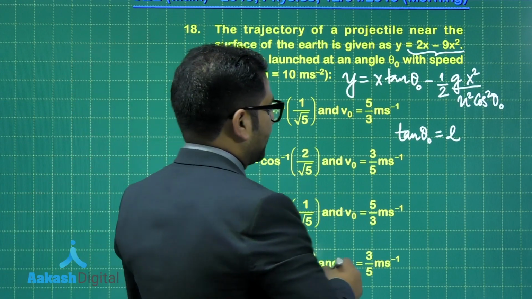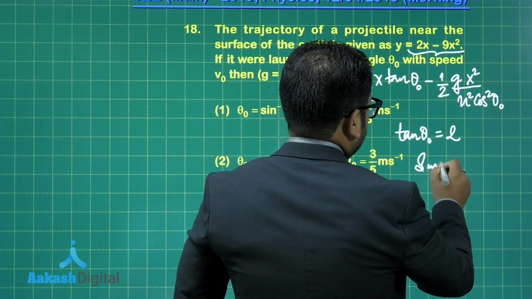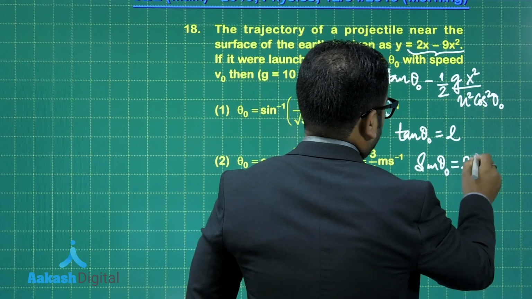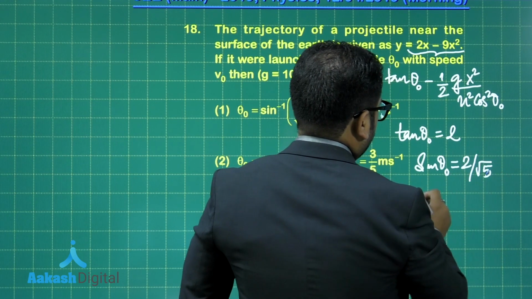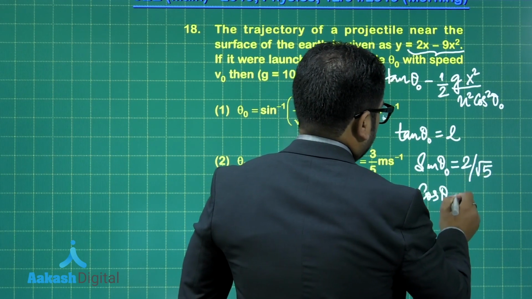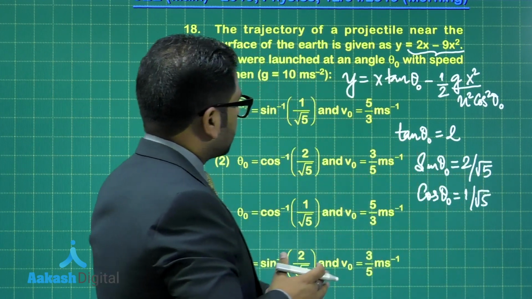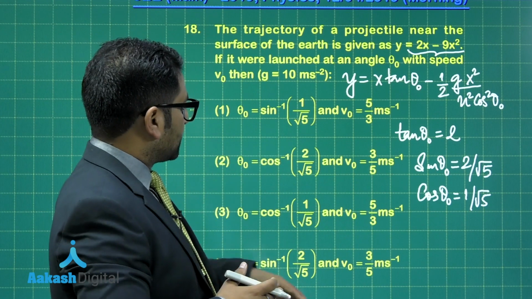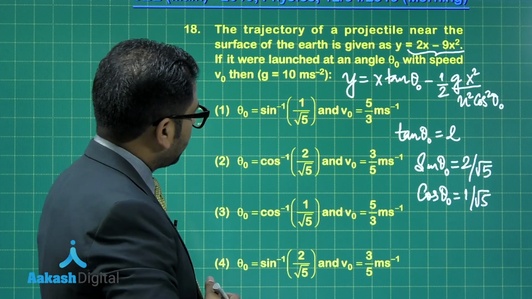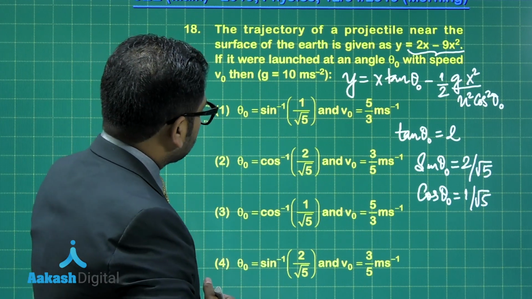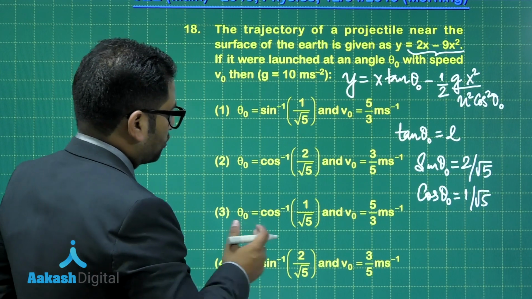So tan theta is here, and you get sine theta naught, that's 2 by root 5. And cos theta naught would be 1 by root 5. Okay, so this was just done in order to comply with the given option.